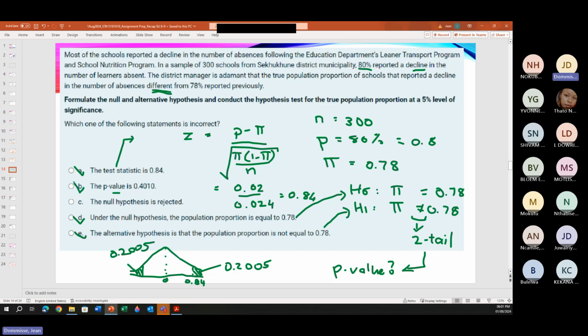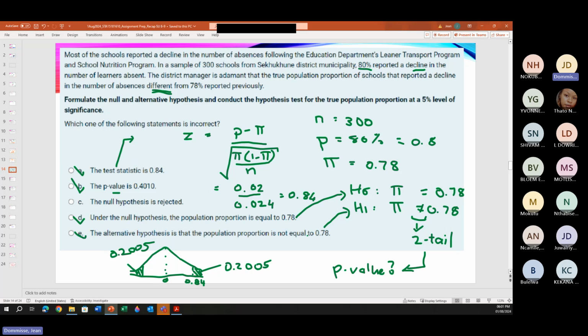Okay, so very important is this is the first time that we're working with a two tail. All the previous questions in the last week and a half, we always only looked at the one tail, and then when we got that one tail, it was the answer.